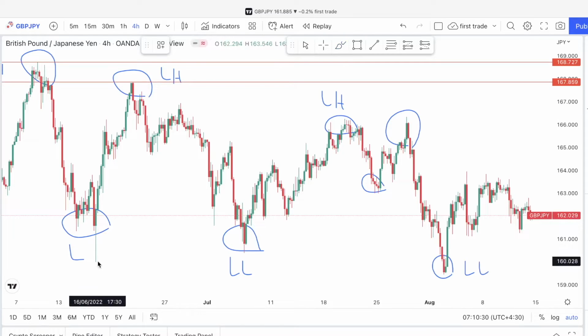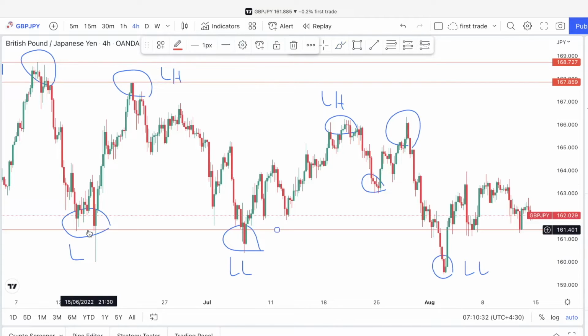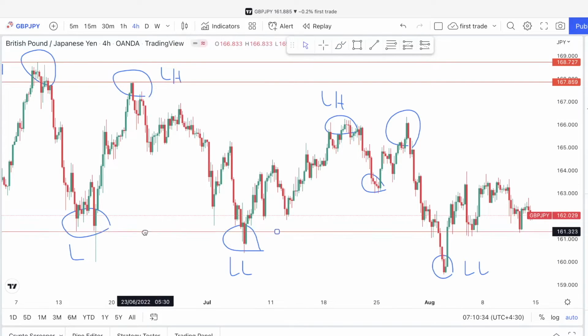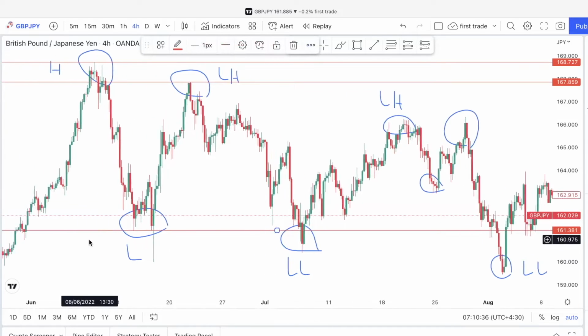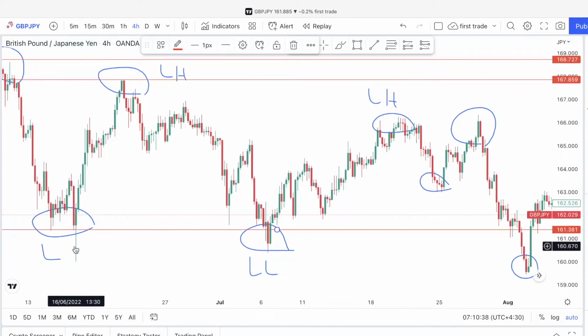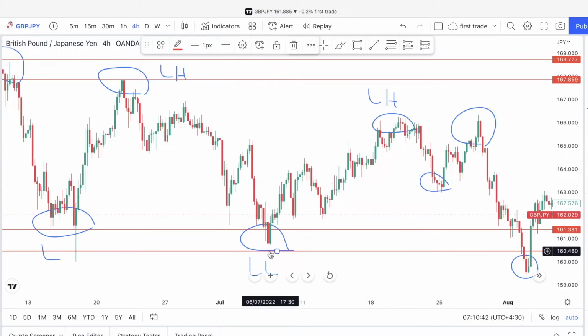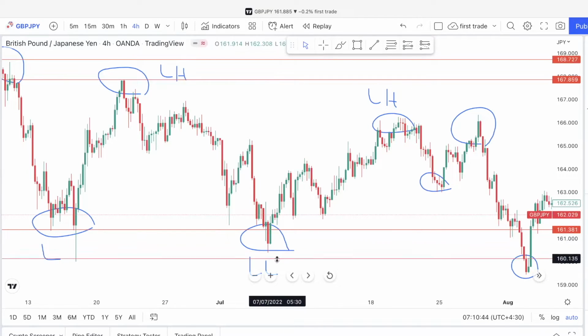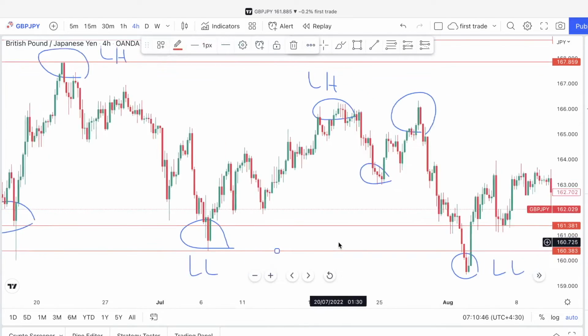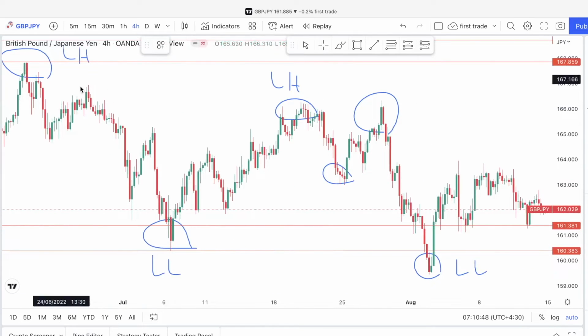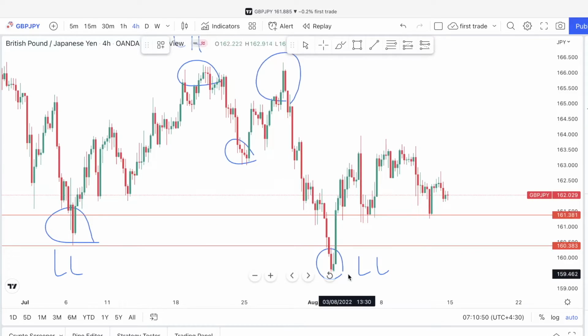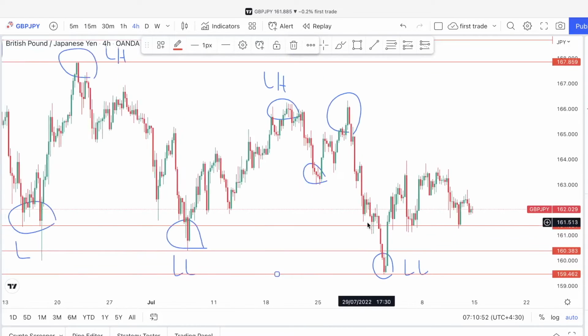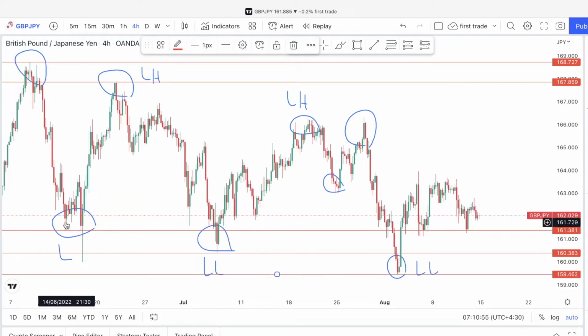If I draw these lines, you can see. Here I'm going to talk about these shadows later, but this low here and this low here. So as you can see, this low spot was here, here, and here.